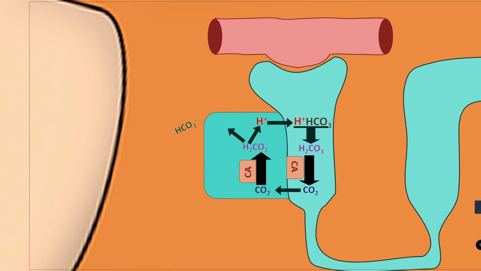acetazolamide, that is a good point, but before that, there are certain renal tubular diseases, a group of renal tubular diseases, which can lead to, let's suppose, a problem with this channel, or a problem with this channel, or a problem with the nephron. There are different types of that, and in this group of diseases, bicarbonate fails to be reabsorbed, and acidosis occurs, and that type of acidosis is called renal tubular acidosis.